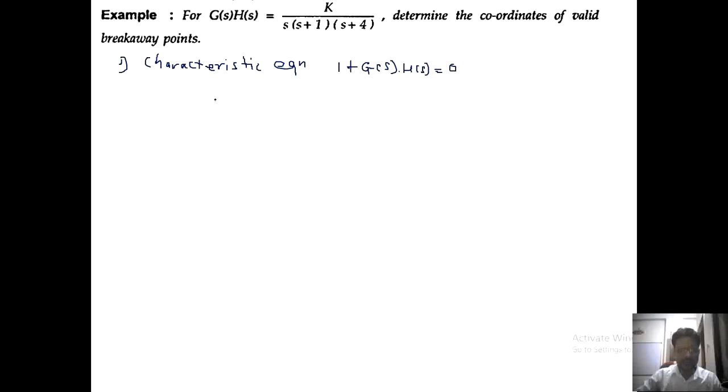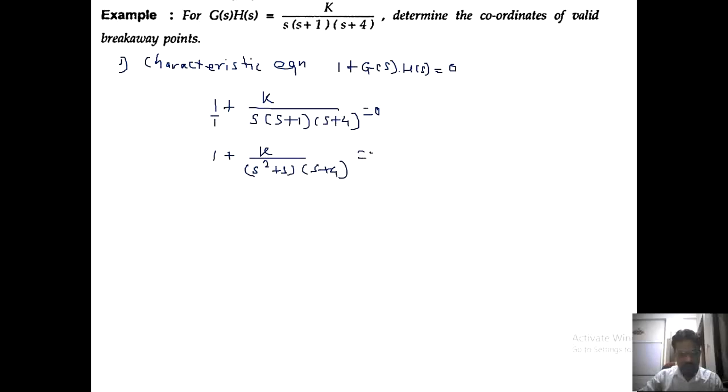So the equation will be 1 plus k by s(s plus 1)(s plus 4) equal to 0. First of all, we'll simplify the brackets. So 1 plus k by s square plus s, and in the second bracket s plus 4, equal to 0.